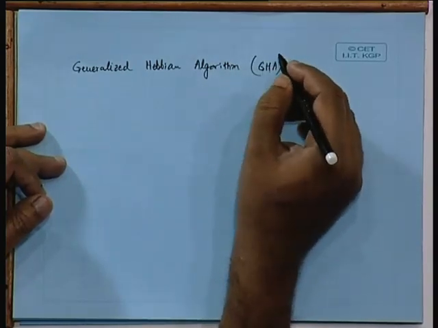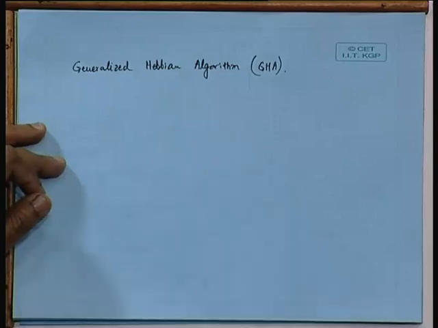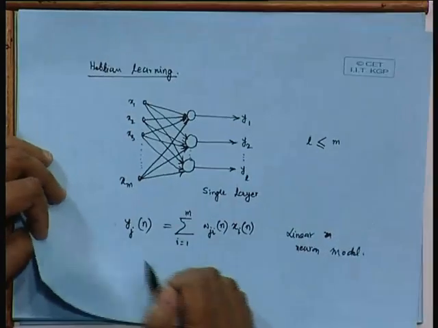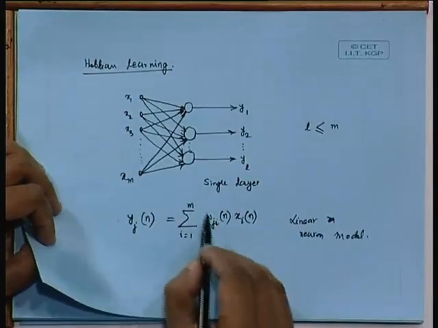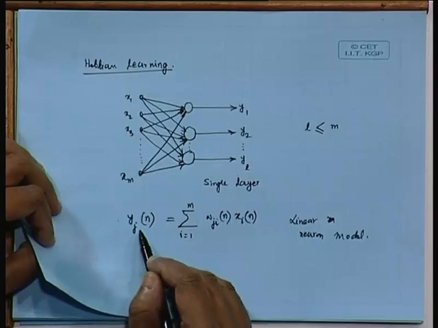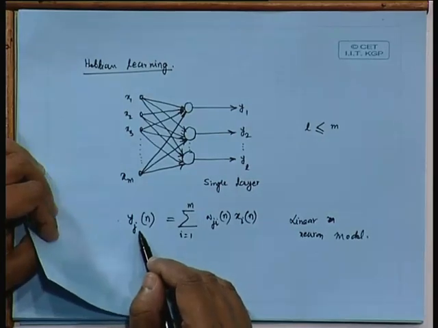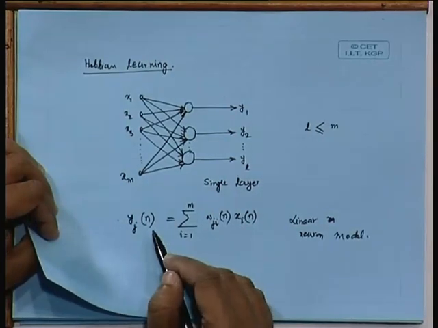And according to GHA, because here we are taking the jth neuron output, we will be interested in finding out the delta wji, the change of synaptic weight.